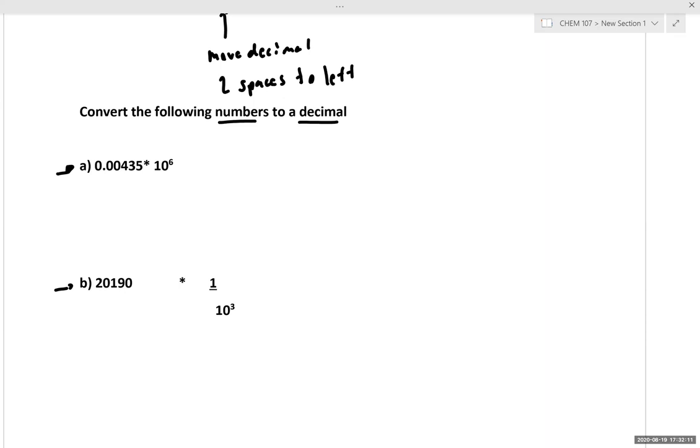The responses I'm seeing in the chat look great so far, and we'll discuss example A in about another minute. It's wonderful to see the class participating in this way. If there are any questions that I can answer in the chat or verbally, don't be shy to ask a question.